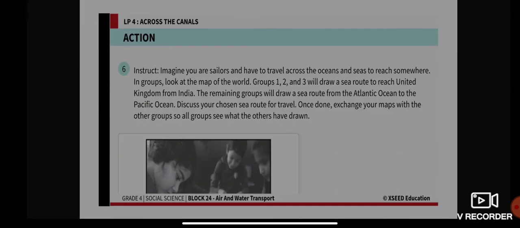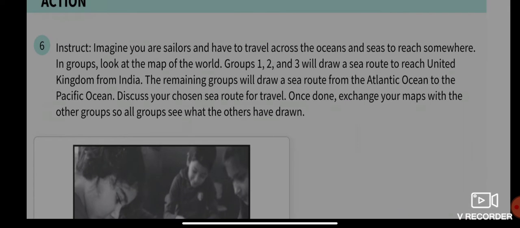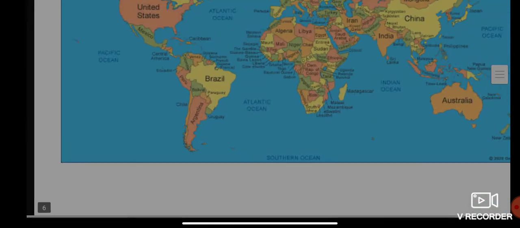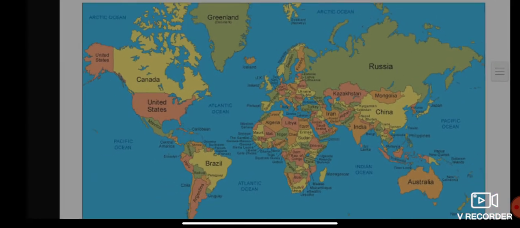Imagine that you are a sailor and you have to travel across the ocean and sea to reach somewhere, someone who sails a ship from one place to another. What you have to do is look at the map of the world, this one.